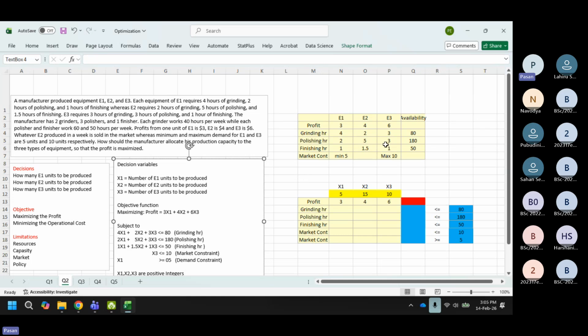So I can have this information there, and then I can define these three cells as X1, X2, and X3.